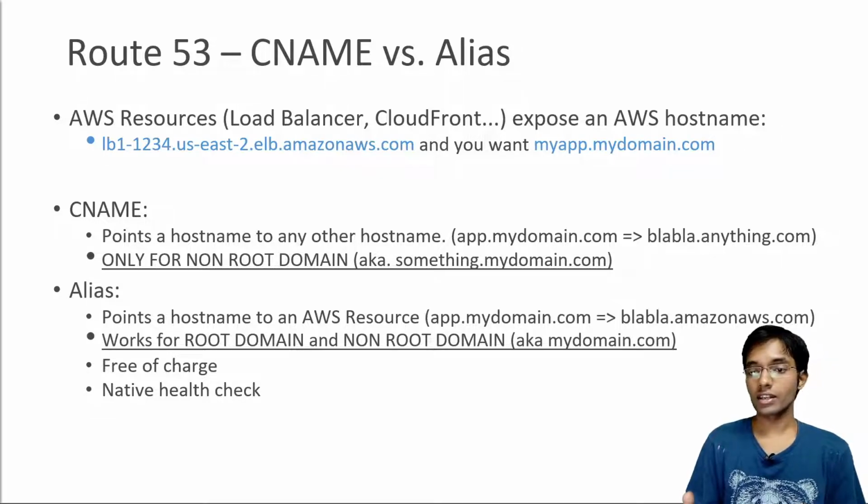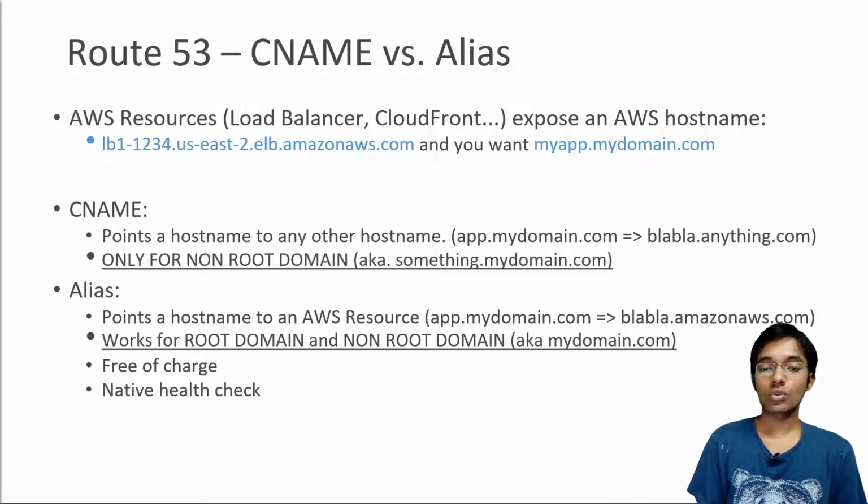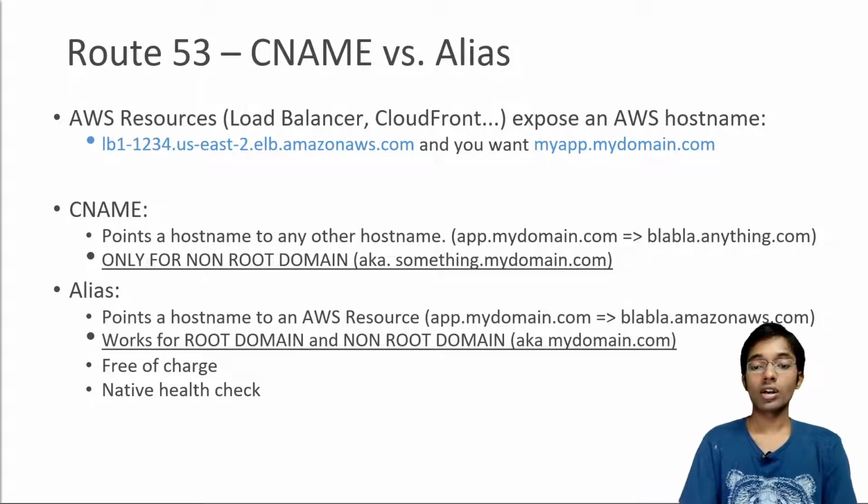This alias record is free of charge, and it has native health checks as a feature. So that means that for the load balancer in AWS, you cannot do a CNAME for mydomain.com, but you can do an alias record for mydomain.com. An alias record can point to the root domain and even to the subdomain, but CNAME records can only point to the subdomain, not the root domain.